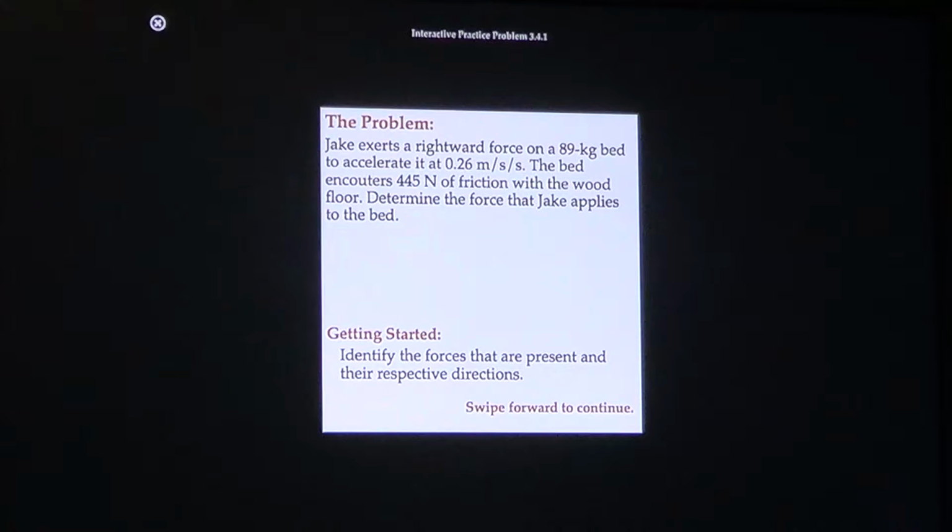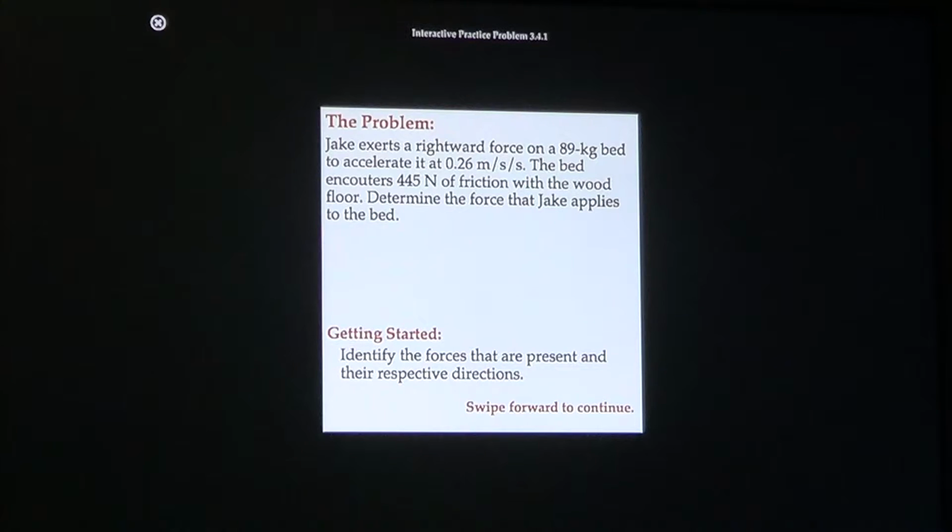Yeah, probably. Okay, we're going to do more practice of those. The ones on your assignment weren't word problems, so in these you'll have to do a little more figuring, since you'll have to draw the free body diagram by yourself. Jake exerts a rightward force on an 89 kilogram bed to accelerate it at 0.26 meters per second squared.